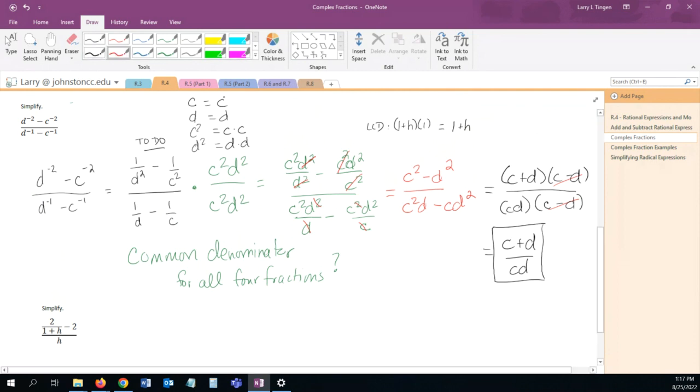So that means the c's, that's 1. The d's occur, that's 2. And then everything that doesn't repeat anywhere gets counted once, times that c times that d. So now I have c squared, d squared.